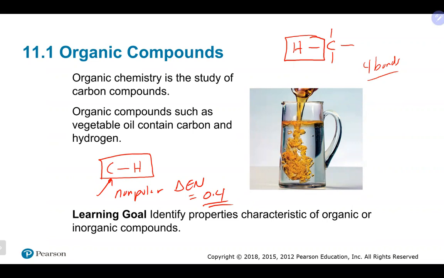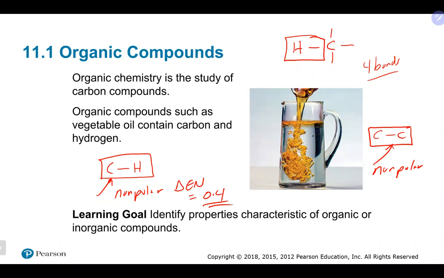And obviously, if we have our carbon to carbon bonding happening, that bond is also nonpolar. And that's a very important property of a lot of organic compounds, especially hydrocarbons, like we're going to talk about in this chapter. They're pretty much nonpolar, which means they work really well with other nonpolar things and not so well with things like water, which is polar.